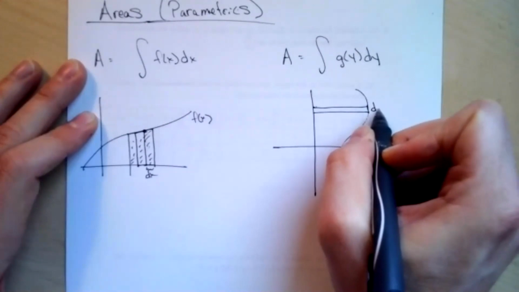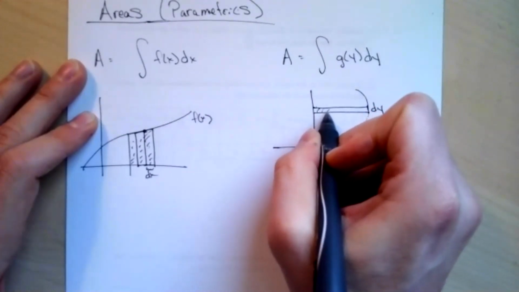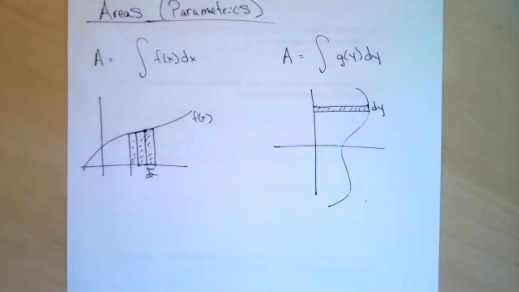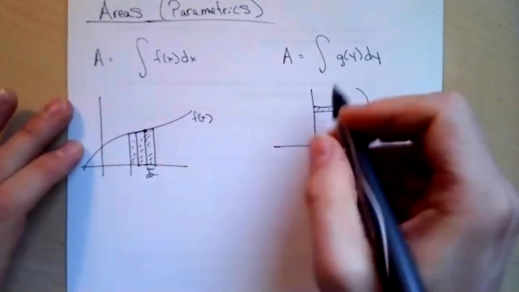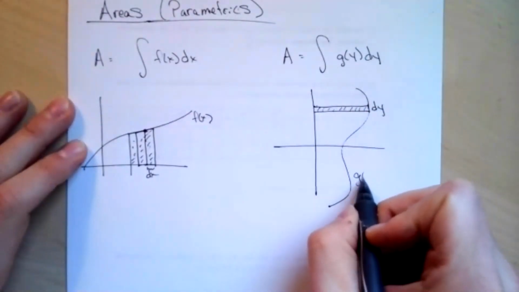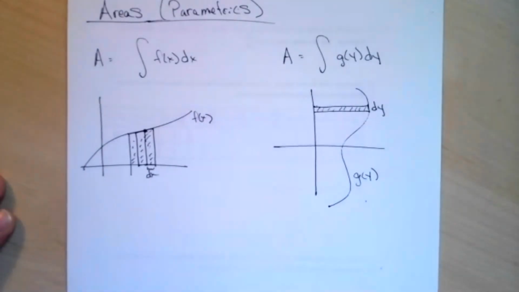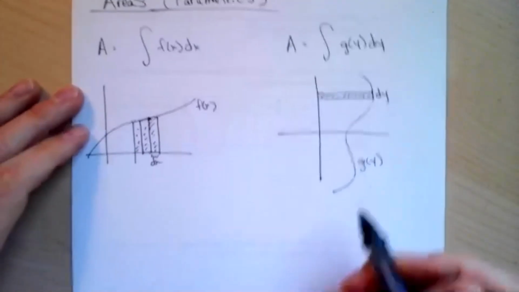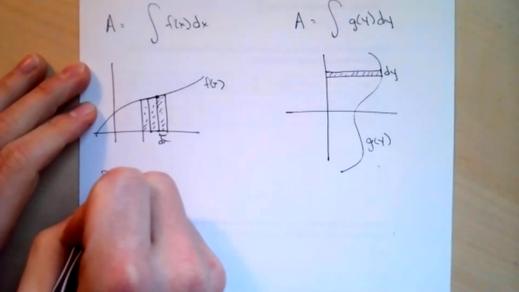Now the width of each bar is dy, and the length is going to be g(y). So we can essentially do the same things if we have parametrizations.